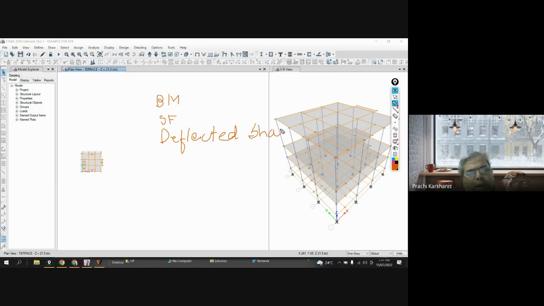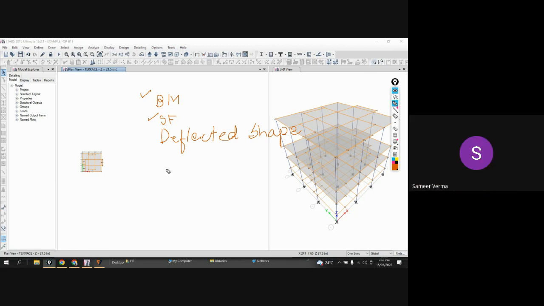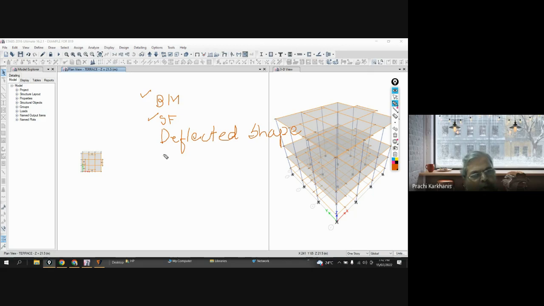Anything else than that? Only bending moment and shear force? Axial force. Okay, axial force. So bending moment, shear force, axial force, and deflected shape or deflected profile. That is what you want to see.